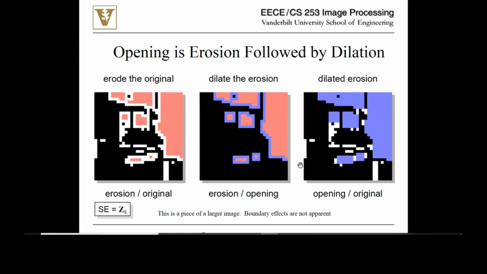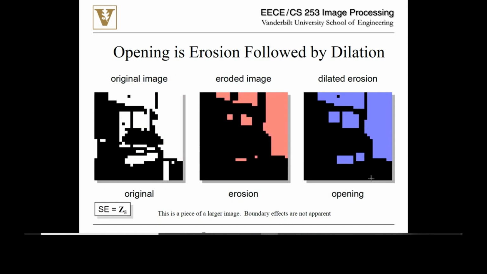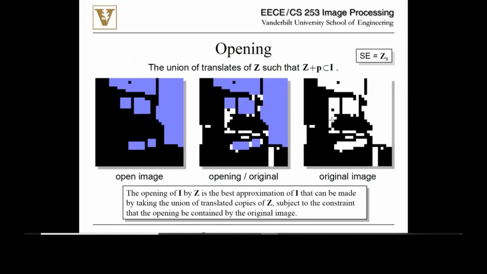Okay, so we don't fully recover. All the thin areas have been deleted. And yeah, this is the opening solution. It is the same, but now in two steps. From the original, you complete the erosion, and then from the erosion, you dilate.